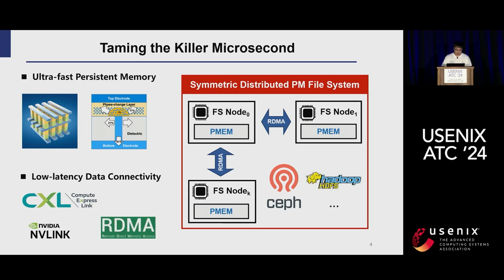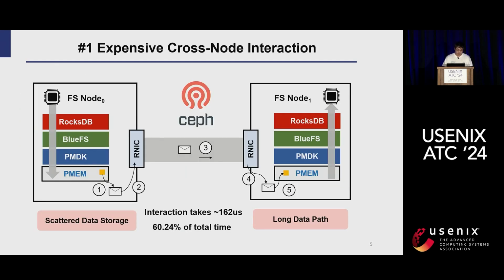Each file system node incorporates a number of persistent memory devices and is connected with an RDMA network. This file system architecture, termed the symmetric PM file system, has 3 performance and cost issues. First, file system data are scattered over a cluster of nodes. As a result, when serving a client request, the server node has to interact with multiple other nodes, resulting in expensive network round trips.